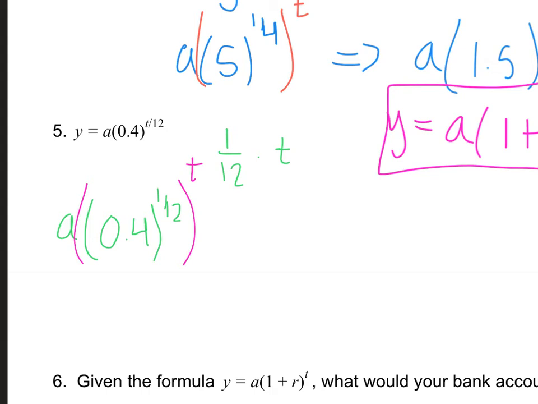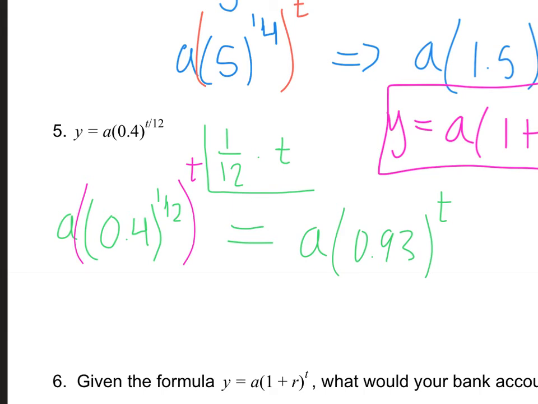And let me square this off, because it has nothing to do with what we're doing. So then I cannot do 0.4 to the 1/12 in my head. So let me do that really quick. What I got here, rounded, is 0.93. So that's just equal to a times the 0.93 base to the t.